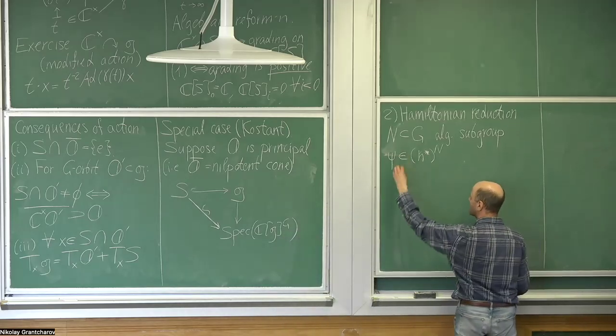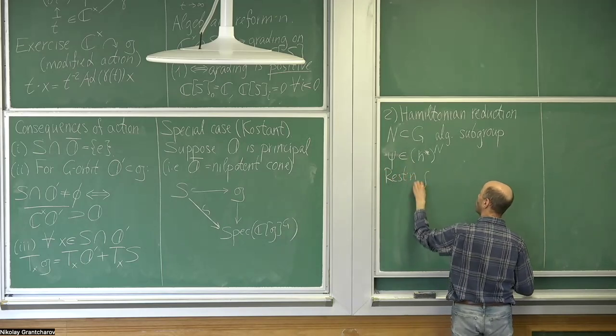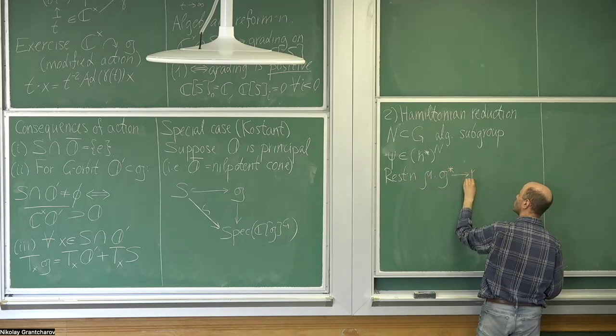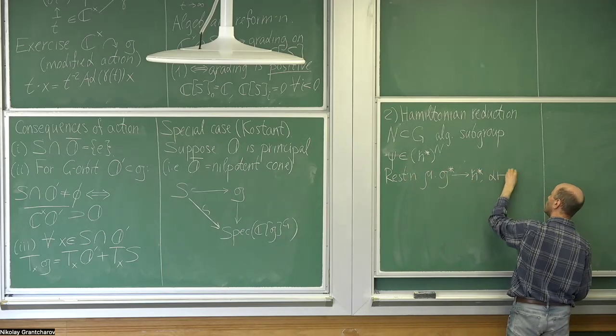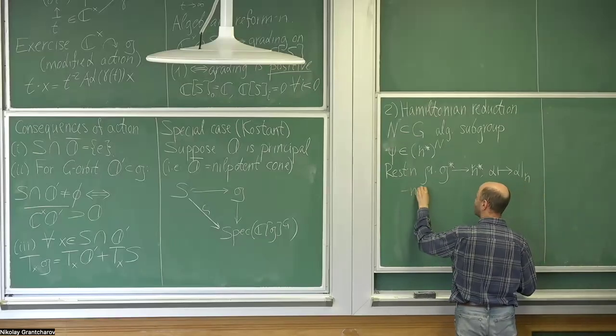So let's consider the restriction map mu from g dual to n dual. Just take a linear function and restrict it to n. And that's what's known as a moment map.